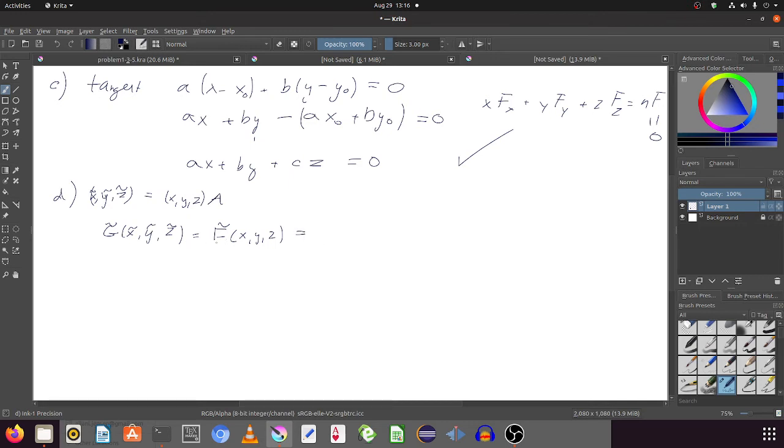We should, instead of writing it as function, write it the modern way. So on this point, A works, and then f tilde works. Just put points to say that they're working on it.